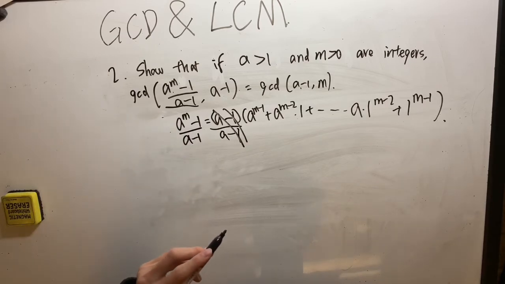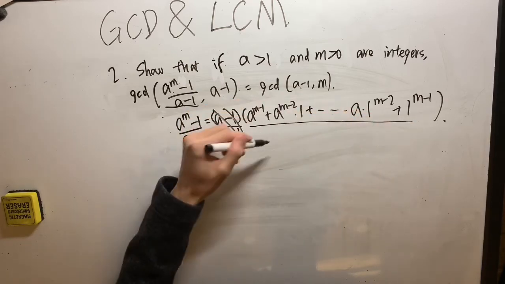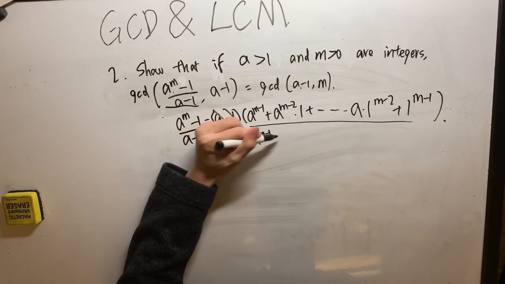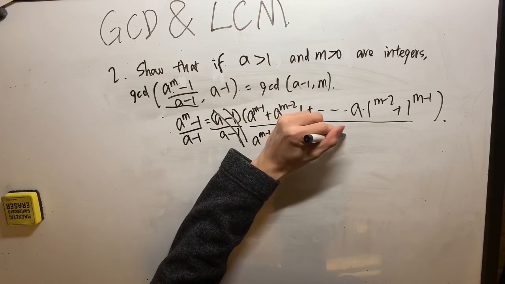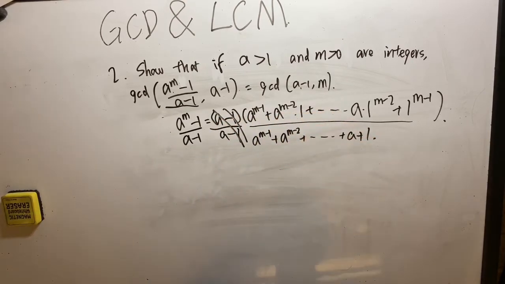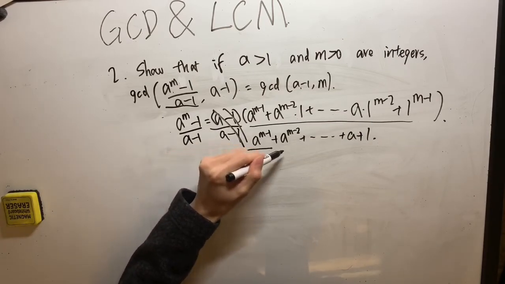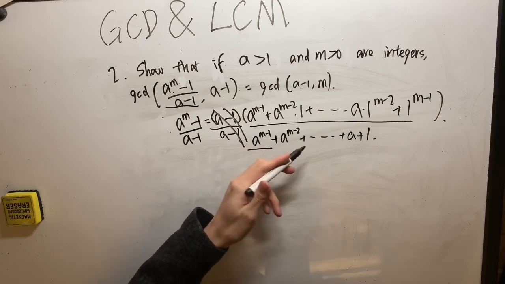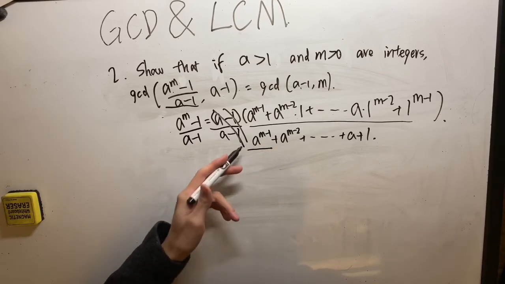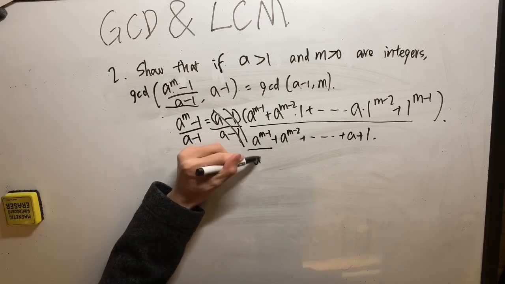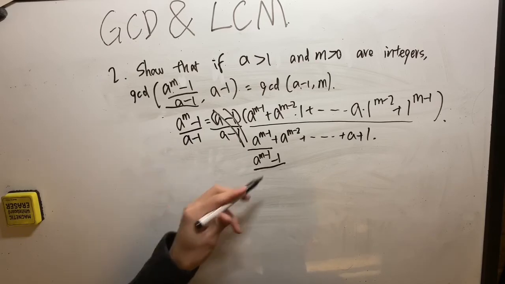So this equals a to the m minus 1 plus a to the m minus 2 all the way to plus a plus 1. For every individual a to some exponent right here, we can subtract 1 to make it divisible by a minus 1. For example, a to the m minus 1 minus 1 is divisible by a minus 1.